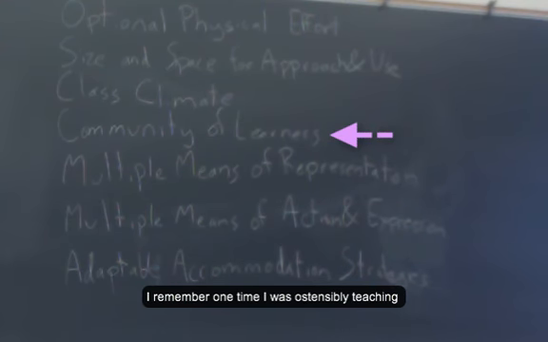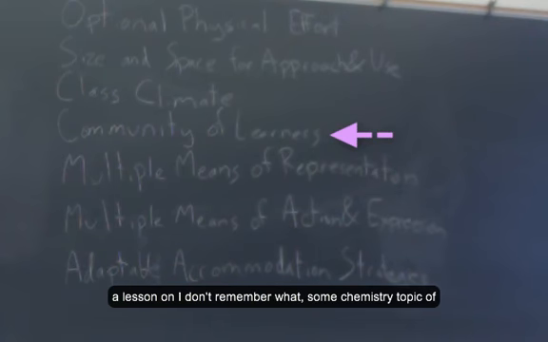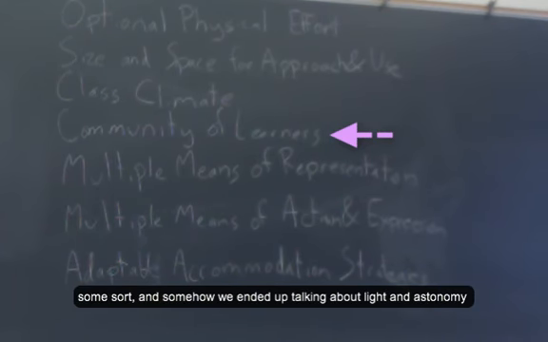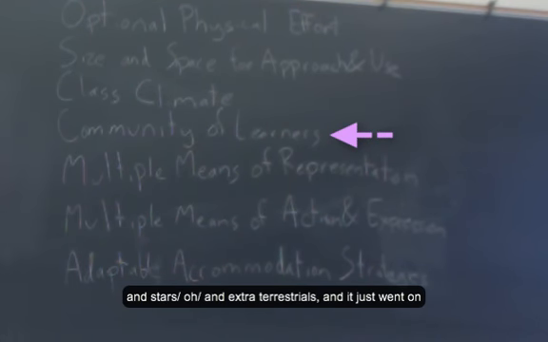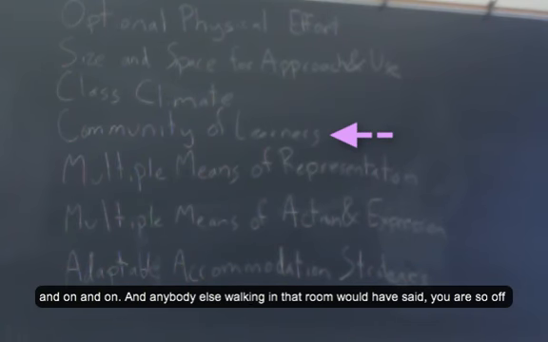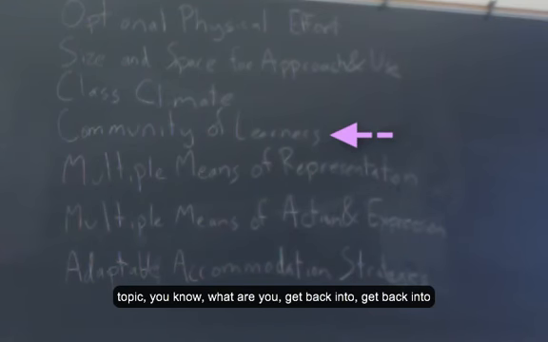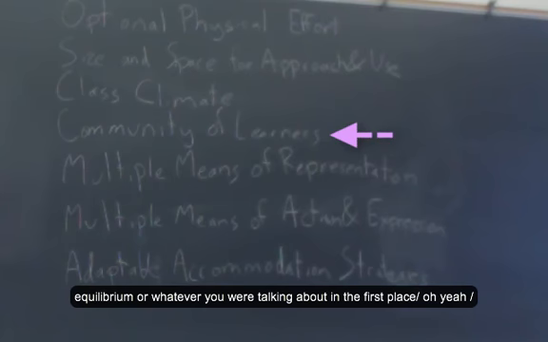I remember one time I was ostensibly teaching a lesson on, I don't remember what, some chemistry topic of some sort. And somehow we ended up talking about light and astronomy and stars and extraterrestrials, and it just went on and on. And anybody else walking in that room would have probably said, "You are so off topic. Get back to equilibrium or whatever you were talking about in the first place."